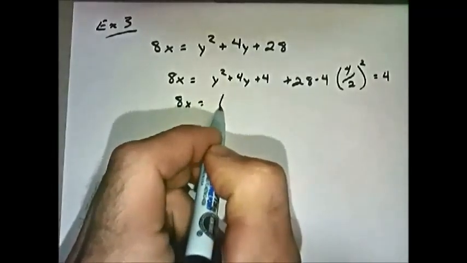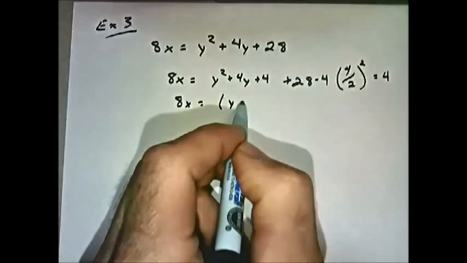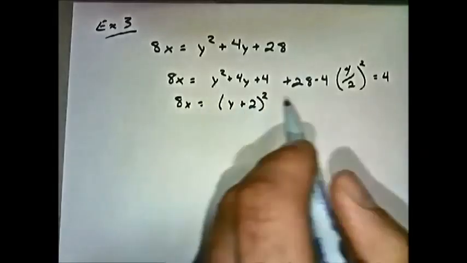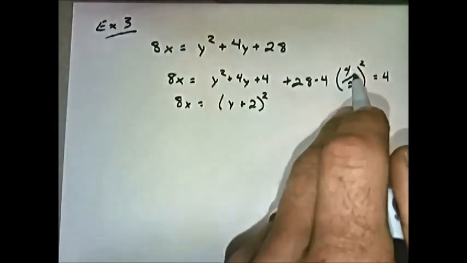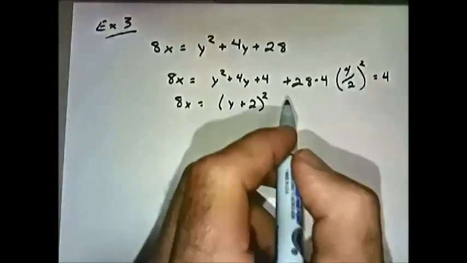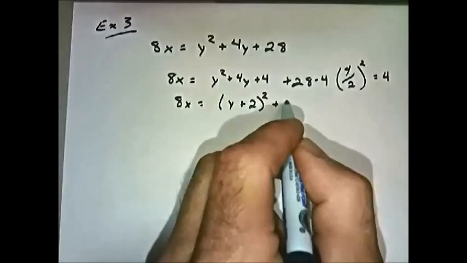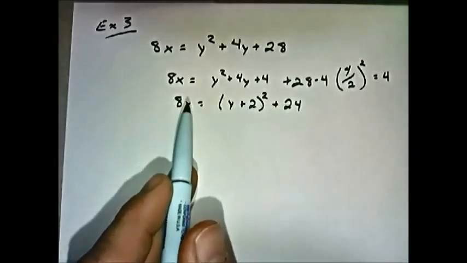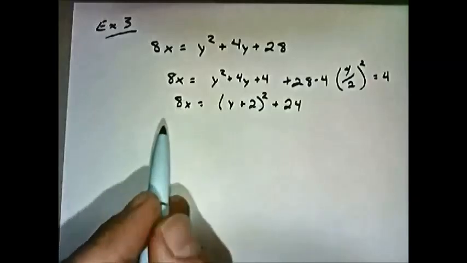Factoring, we get the quantity of y plus 2 squared, remembering that 2 comes from what we got when we divided the 4 by 2. And then plus 24. Now we can take care of this 8 being multiplied to the x.